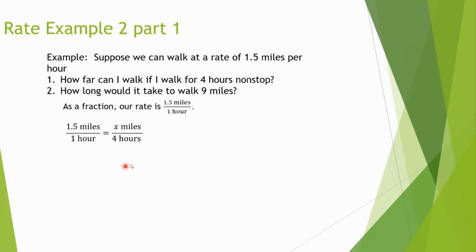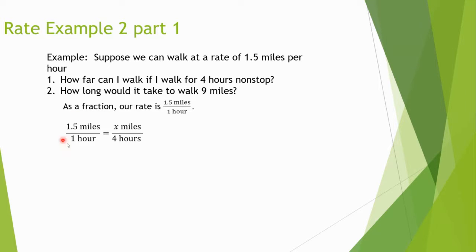So we have this equality we need to solve. If you're asking, how do you know these two have to be equal? Because they both deal with the speed or the rate at which we're walking, 1.5 miles per hour. So at that same speed, in 4 hours, I walk how many miles? They both deal with the same thing, so that's why they're equal.